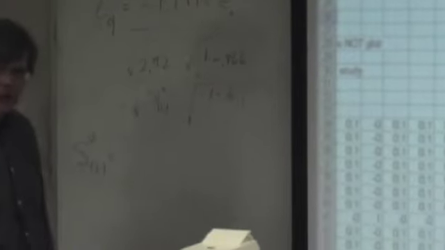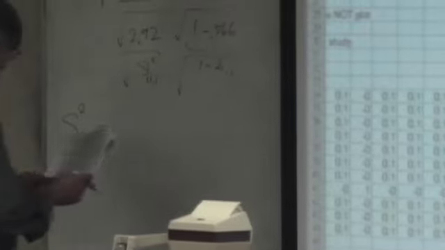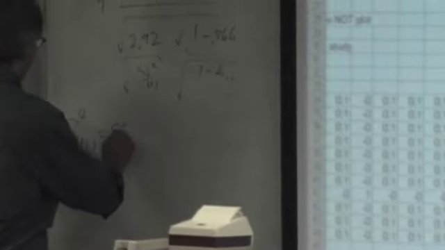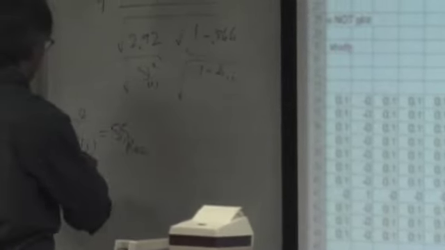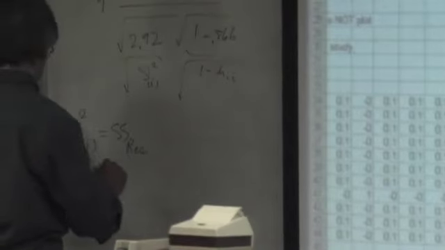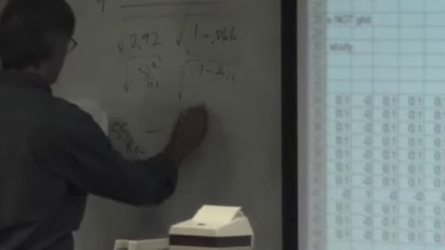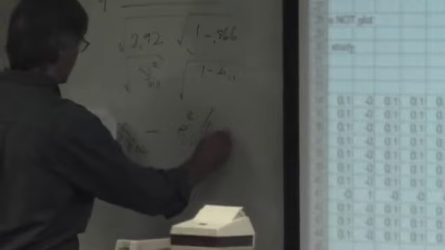There's a formula for SI squared, which is convenient, because I don't want to have to go through the calculation every time. And the formula is SS res minus EI squared over 1 minus HII.